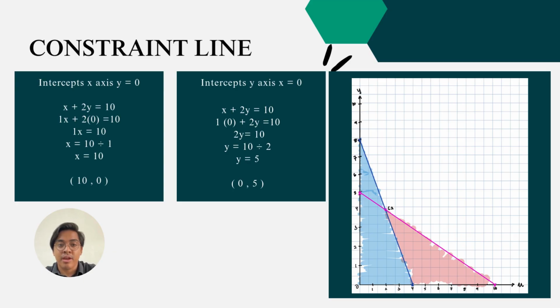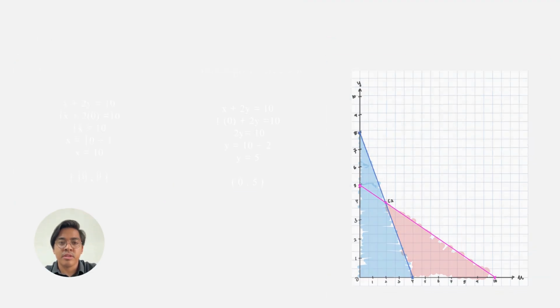On the graph to the right, you see the new constraint line drawn in pink, going through the points (10, 0) and (0, 5). What's important here is the new shaded region. It overlaps with the earlier blue region we saw on the first line, and this overlapping red area is now our feasible region.